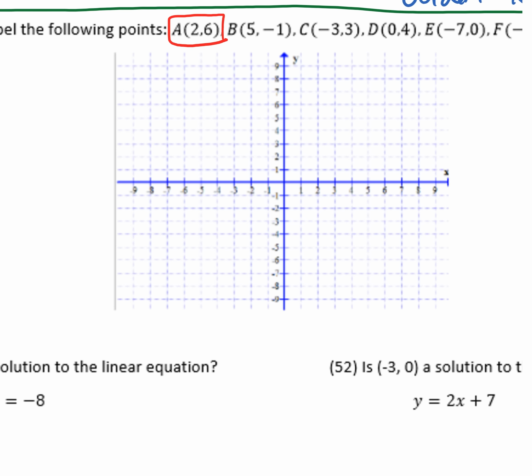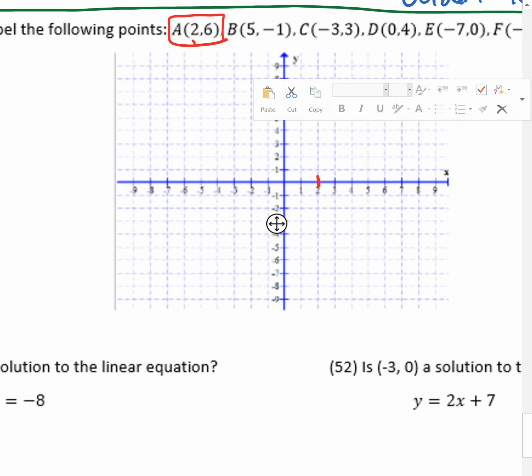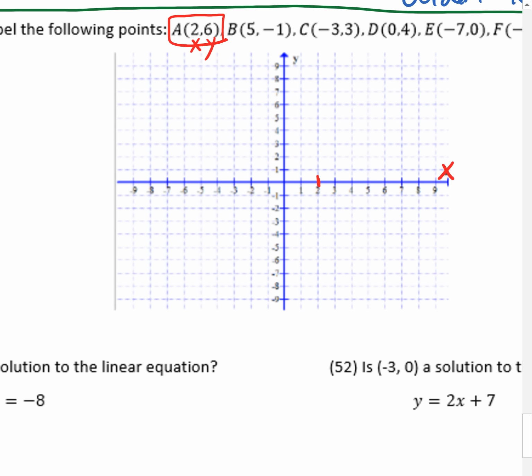So A is 2, 6. I'll have to go over to 2 on the x-axis. Remember, the left number is x and the right number is y. The x-axis is the horizontal axis, and the y-axis is the vertical axis. I'm trying to line up 2 on the x-axis with 6 on the y-axis. There it is.